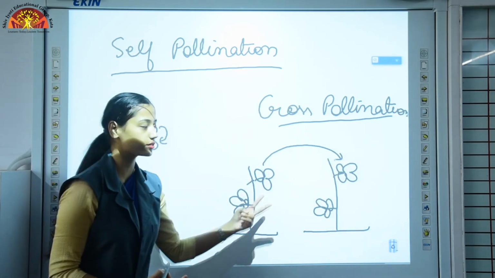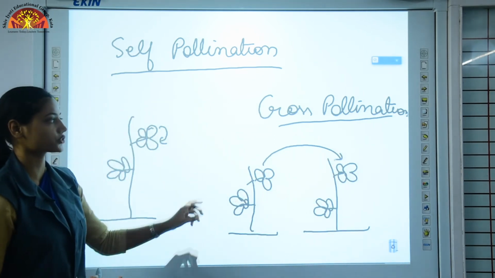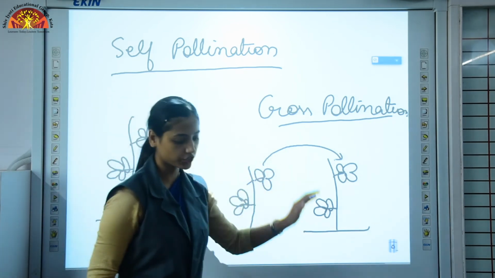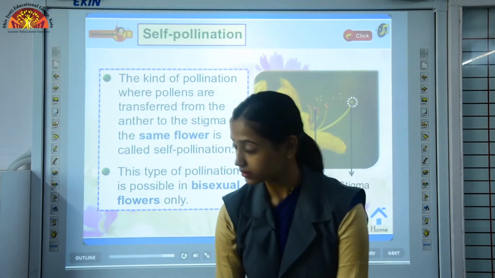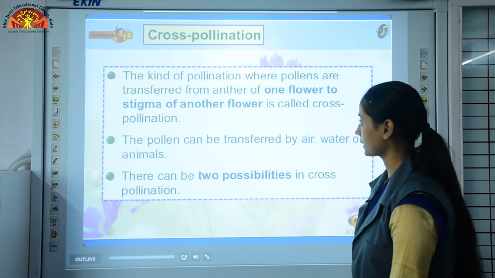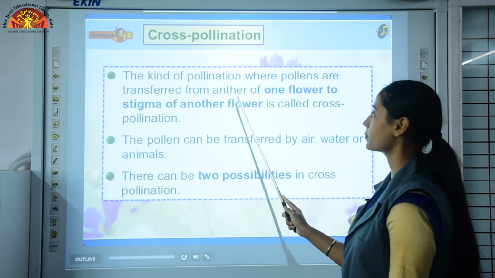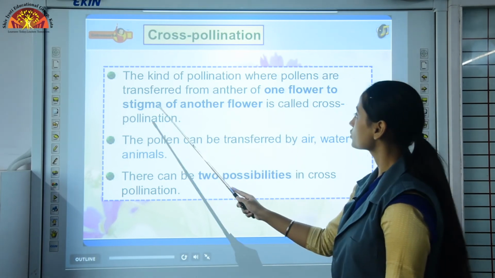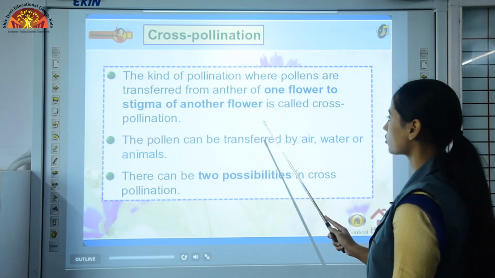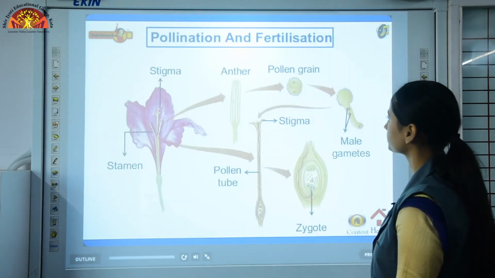Now two plants are involved here, so that type of pollination is known as cross pollination. Understood this topic? So the kind of pollination where pollens are transferred from anther of one flower to the stigma of another flower is called cross pollination.